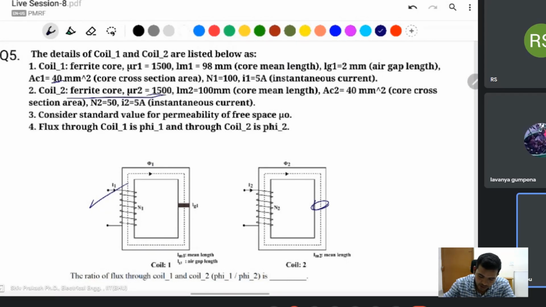Same thing, relative permeability 1500, and the core mean length in total is 100 mm, because an air gap is not provided in this core. Cross-sectional area is 40 mm square, same as the first core, and number of turns is 50, and current is 5 ampere flowing through coil 2.